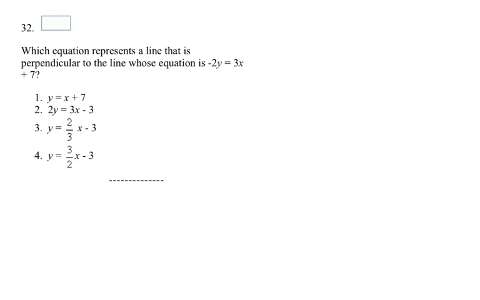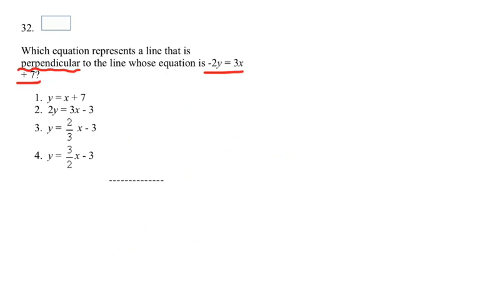Alright, now which equation represents a line that's perpendicular? It has to be perpendicular to this one. That means let us try to divide everything by negative 2 so that we could have y by itself. You should notice the slope here is not 3. We have to leave the y by itself.